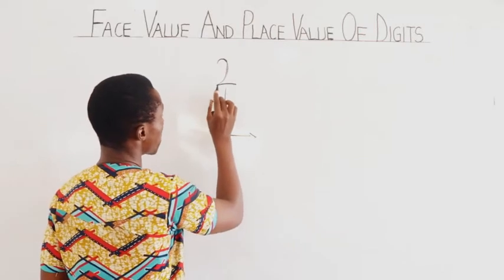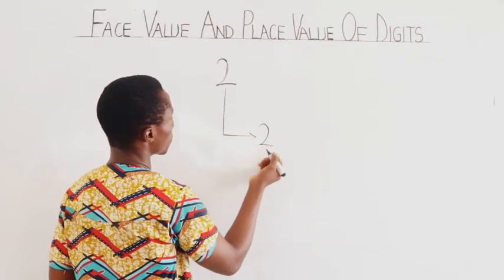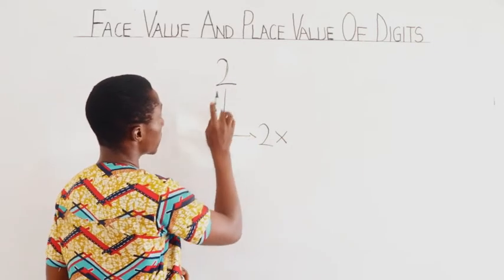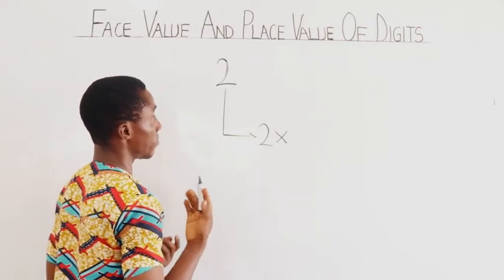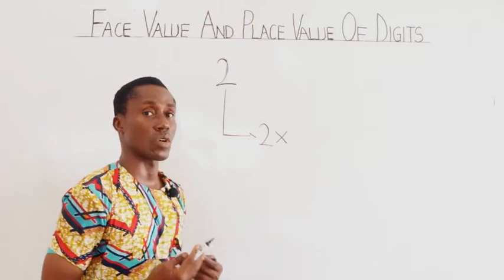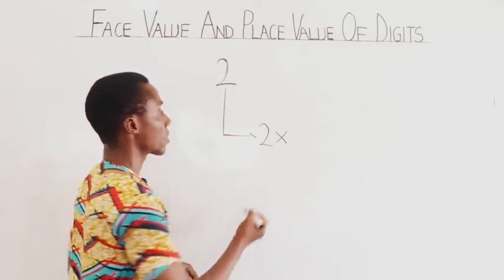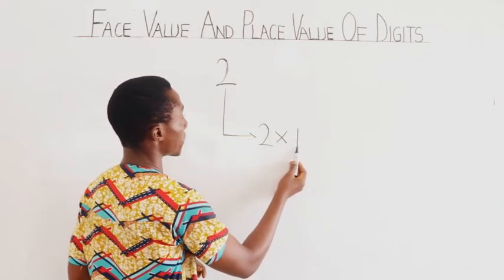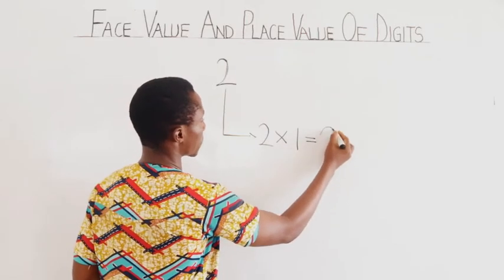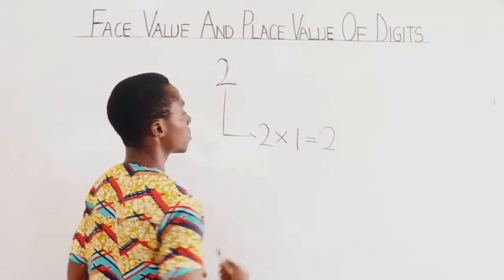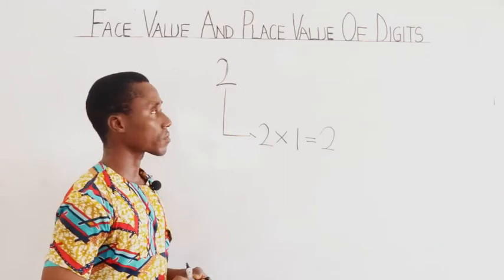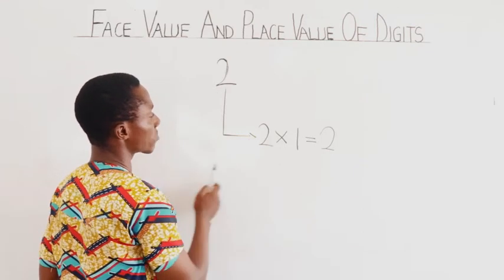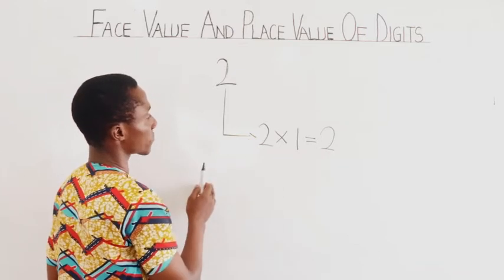The face value of the 2 is 2. The number place is the ones place, and therefore the value of the number place is 1. So we have a face value of 2 multiplied by a place value of 1, and that will give us the value 2, or the place value 2. So the place value of 2 standing alone is equal to 2.